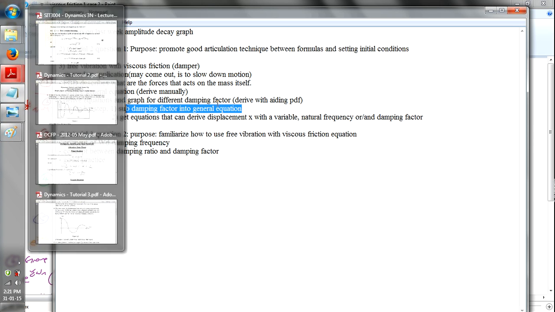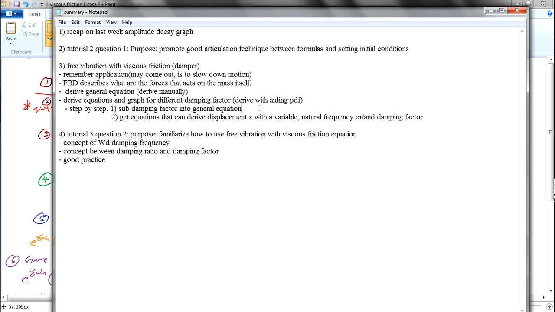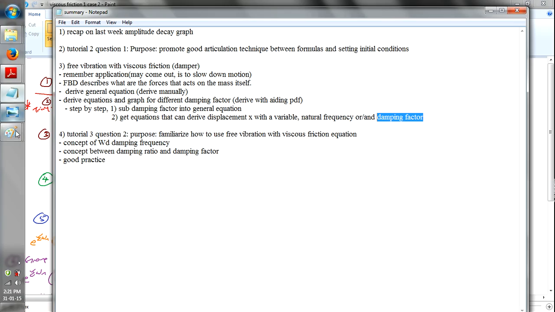The key issues are subbing the damping factor into the general equation first, and then solving your equation. Make sure there are no weird variables, and it should be in terms of natural frequency and damping factor.